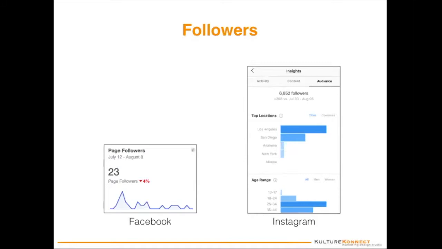If the answer is yes, you need to go back to see what is causing that increase in followers. If you're losing them, you need to go back and see what's causing that decrease. Is it that you're just not posting enough relevant content, or are you posting too much?